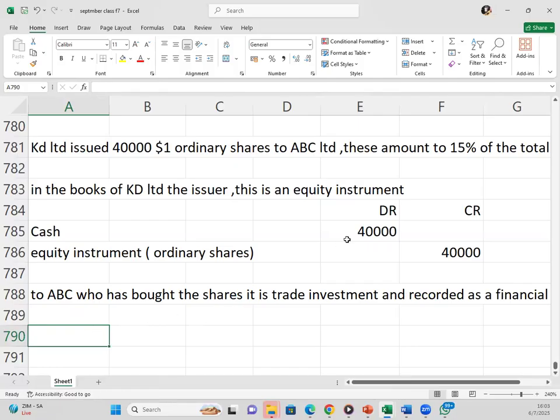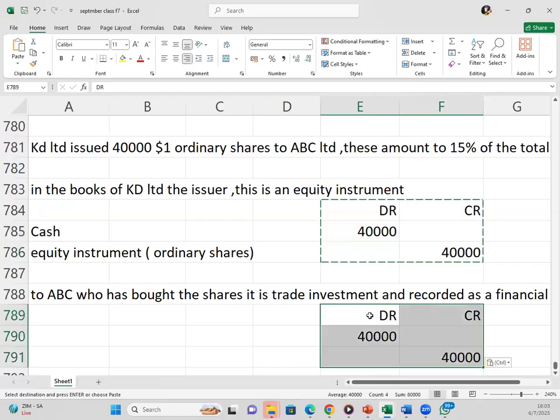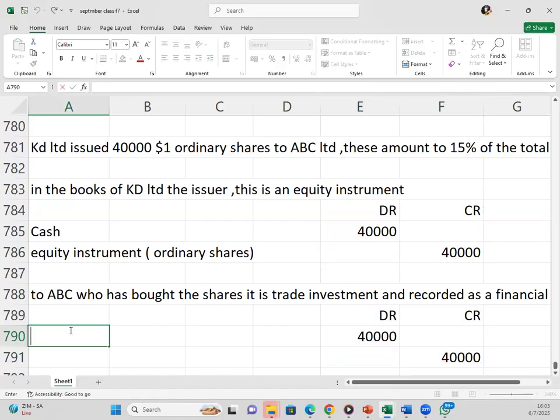So in this case, to ABC Limited, again, in terms of the amounts there is not changing anything. They bought the shares. To them, it's not a liability.